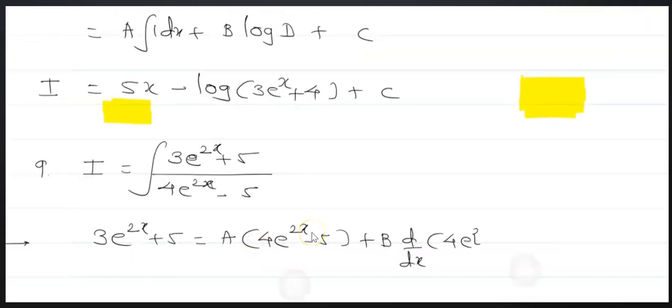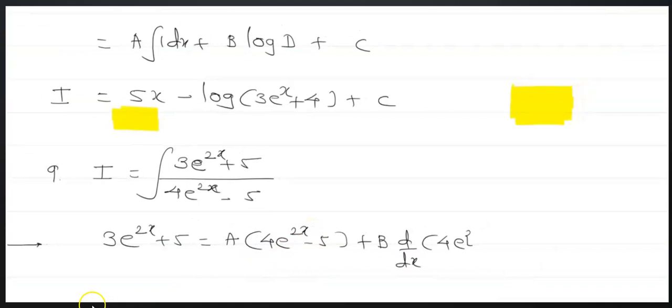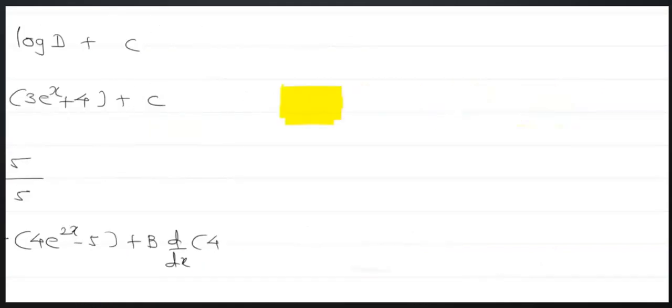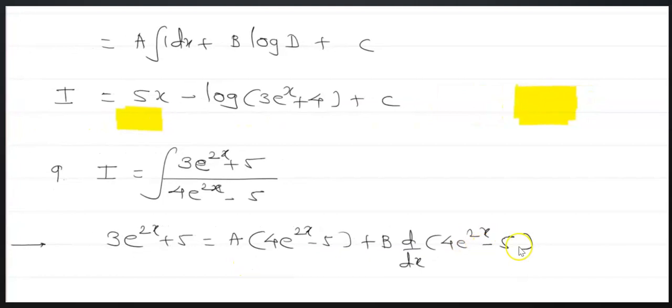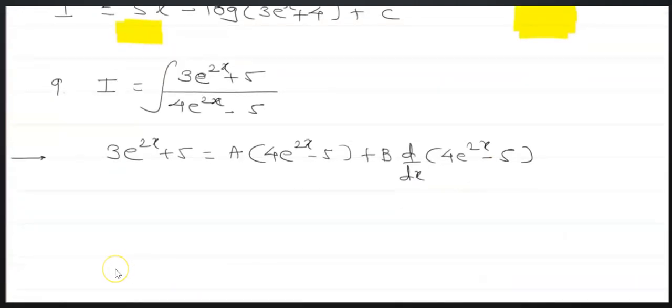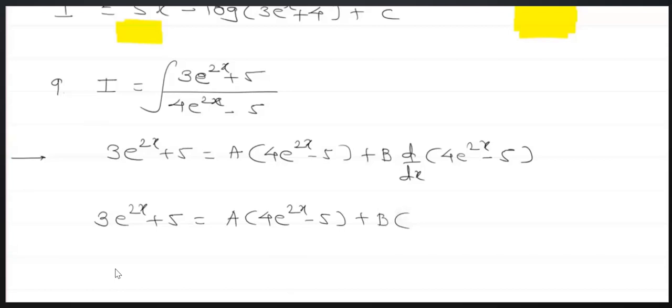Every time we write this for this type of problem. The denominator is 4 e raised to 2x minus 5, and take its derivative. Therefore, 3 e raised to 2x plus 5 is equal to a into 4 e raised to 2x minus 5 plus b.